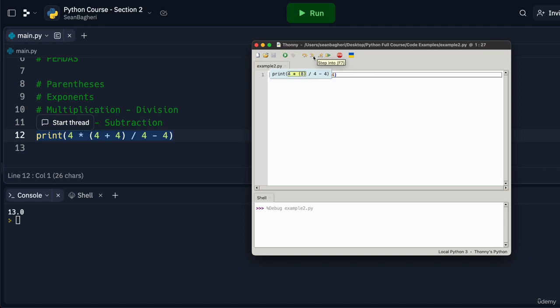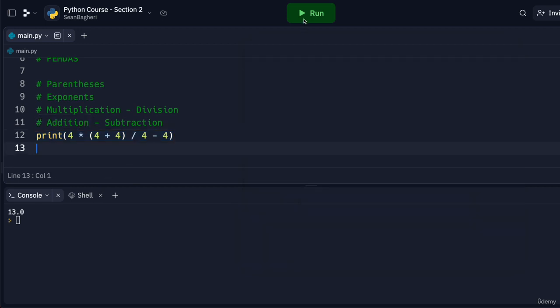Then it multiplies 8 by 4, which is 32. Then it divides 32 by 4, which is 8, and then 8 minus 4 is 4. As you see, it can get a little complicated. Even I had a hard time understanding it, but the point is parentheses can make a huge difference, and when you run this, there you go, we get the 4.